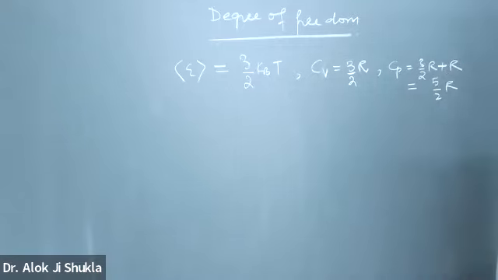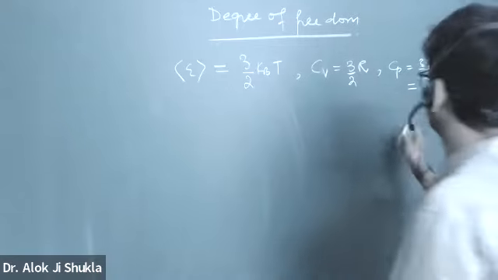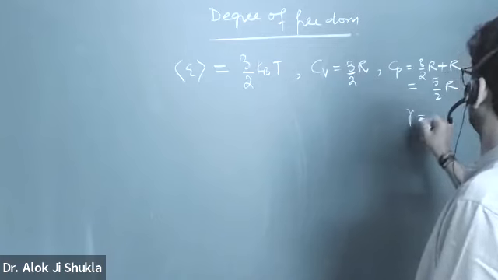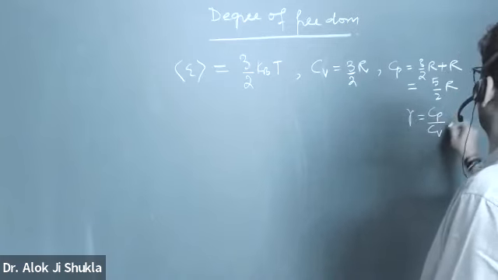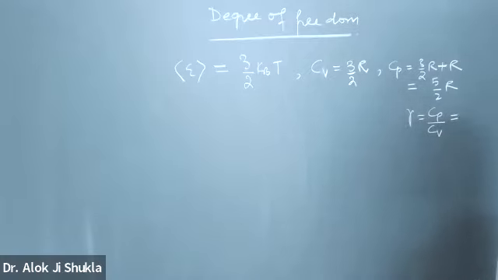And then you calculated gamma with this model. Gamma was Cp by Cv, which is equal to 5 by 3, which is 1.66. So this is the prediction of our theoretical model, and it goes well with monoatomic gas.